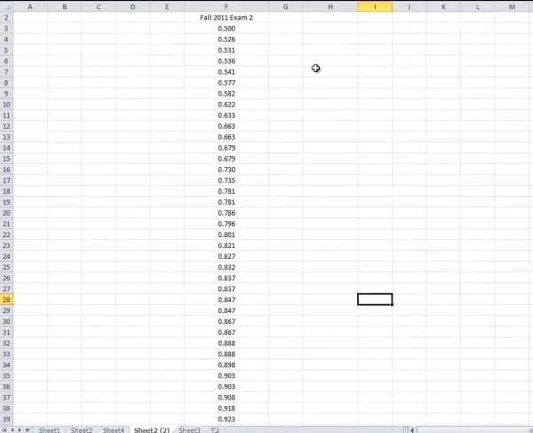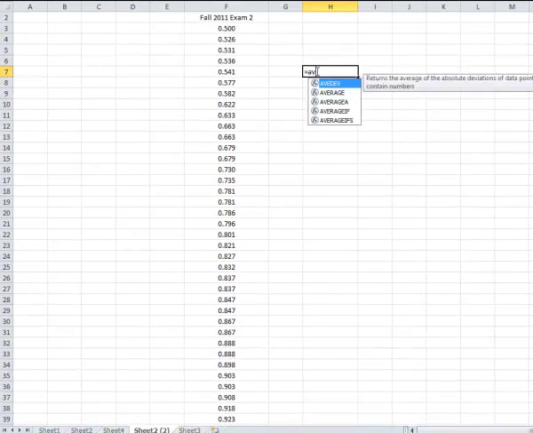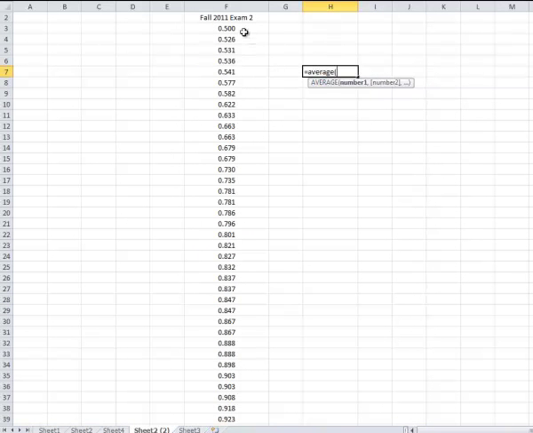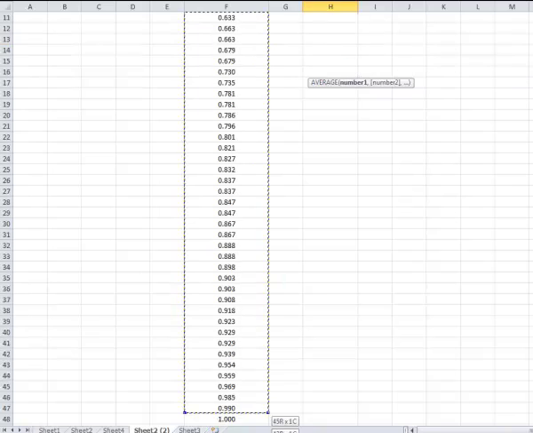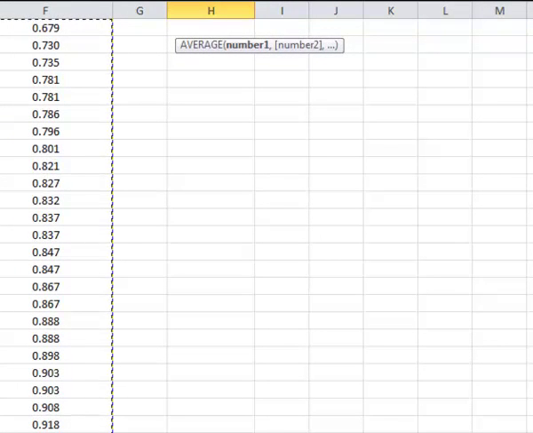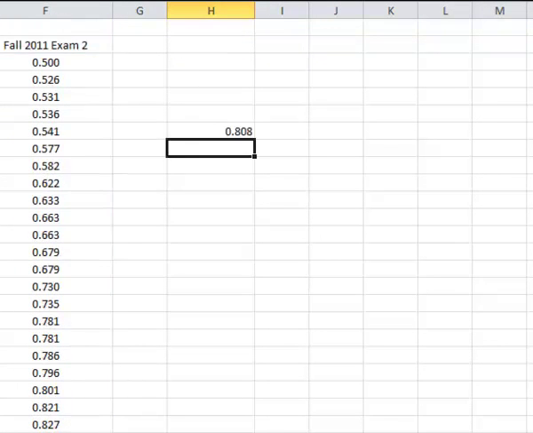This is from fall 2011. And let's say I'm going to calculate the sample average of fall 2011. In this case, it was 80.8%. That was the sample average.